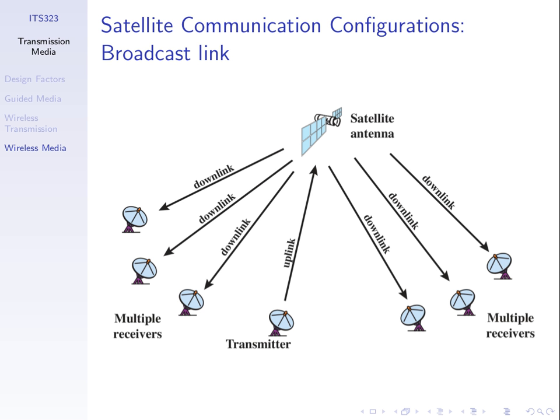The TV station has an earth station or sends their TV content to an earth station which transmits up to the satellite. The satellite transmits down. Everyone who has a dish who's within the coverage area of that satellite can receive the content. So this is a point to multi-point configuration, sometimes called broadcast. We're sending to many as opposed to one.